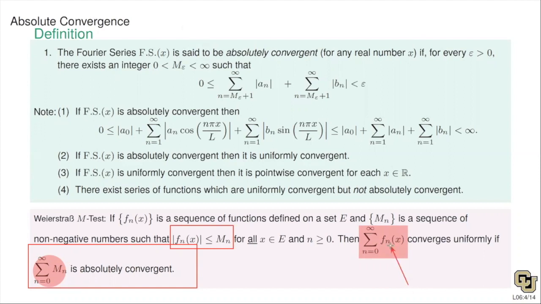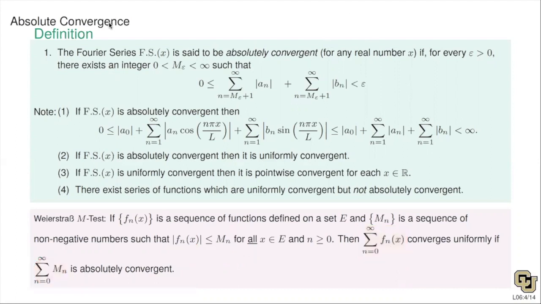That's like a Taylor series or a Maclaurin series or a Fourier series in this context. And so if the regular series of constants here converges in the usual sense, we don't have to take the absolute values because M sub n are already non-negative. So if this thing just converges, like if it's a geometric series, or if you use a ratio test or a root test, or direct comparison test, whatever, then the series of functions will converge uniformly.